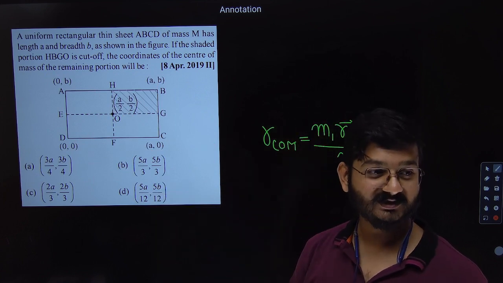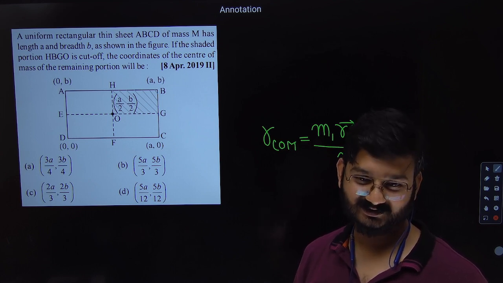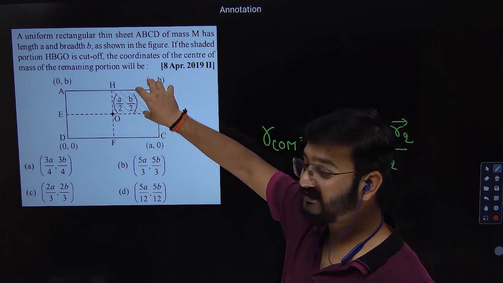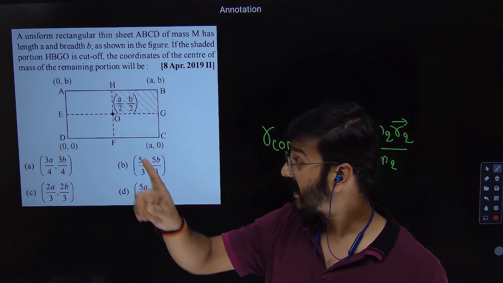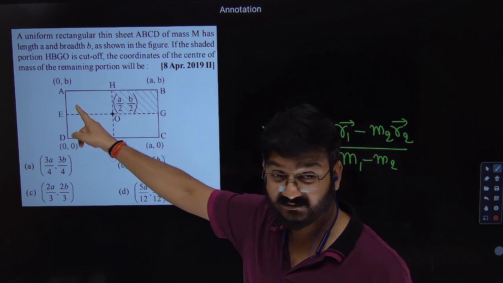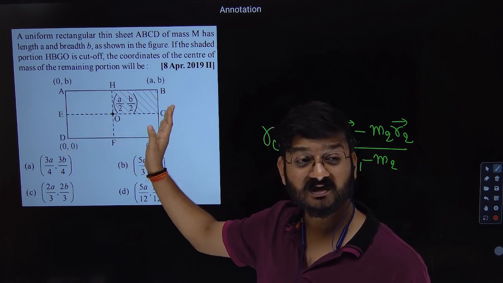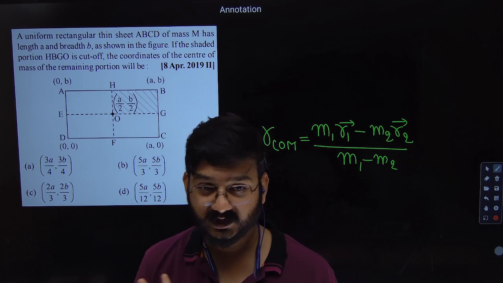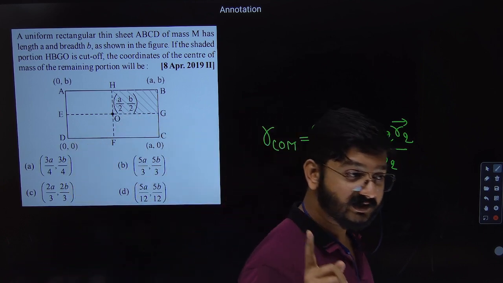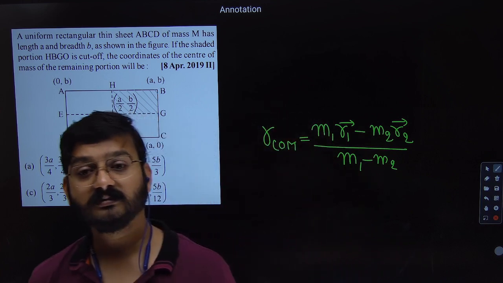Will the center of mass position change? Yes or no? Obviously, it will change, because you are removing something and adding the same part, but not at the same position. So more mass will be present on the left side. The center of mass will shift towards left. It's common sense, no rocket science. Center of mass will always shift towards that side where more mass is present.